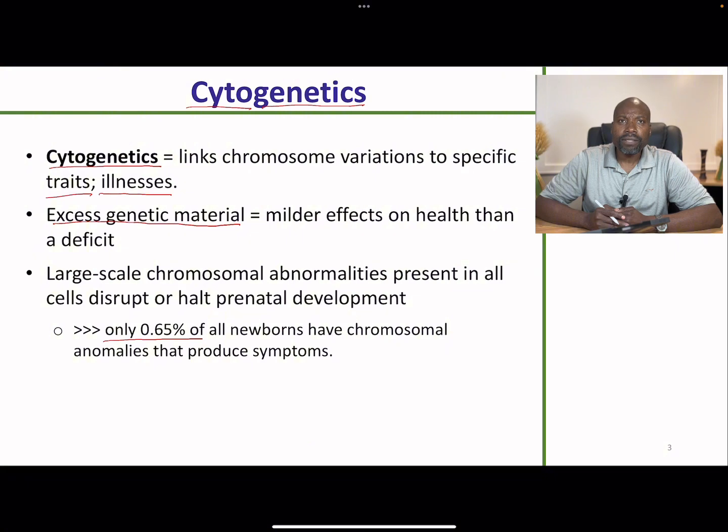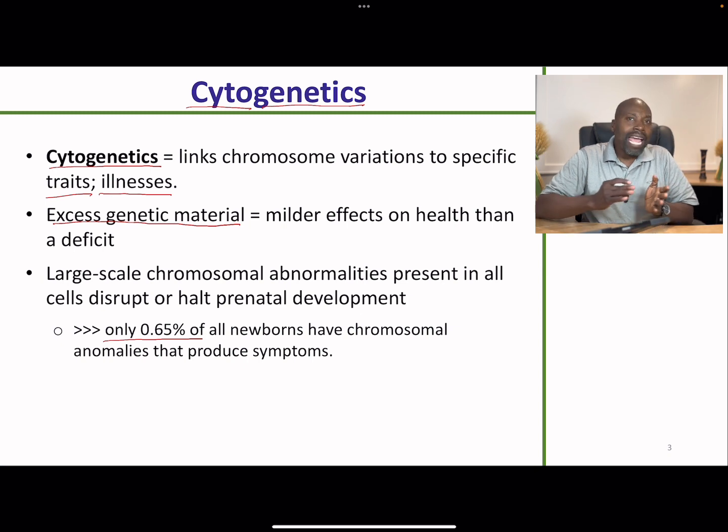Well, this is possible because most of the defects are going to be eliminated and are not going to be allowed to continue so that an individual is born abnormal. Again, most of the spontaneous miscarriages occur because, well, you can have extra chromosomes or a zygote that is missing an important amount of chromosomes. In either case, this is going to actually cause the death of an embryo that is trying to develop.